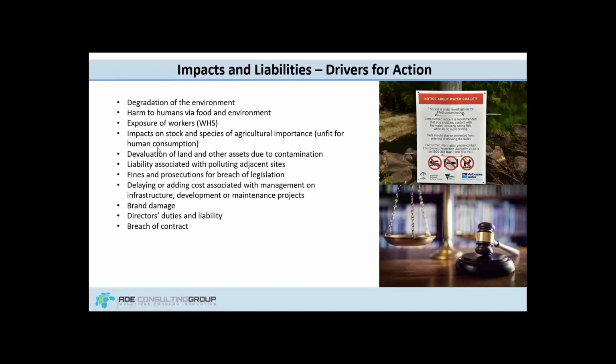So this can be the actual land itself, concrete pads, firefighting systems, places where these firefighting systems have been activated or foam has been used, in the case of AFFF, not to single that use out in particular, but basically devaluation of those assets. Liability associated with polluting adjacent sites, so perhaps a liberation of PFAS on one site that's then been transported via groundwater, and then perhaps pumped out of the groundwater and irrigated on the neighboring site.